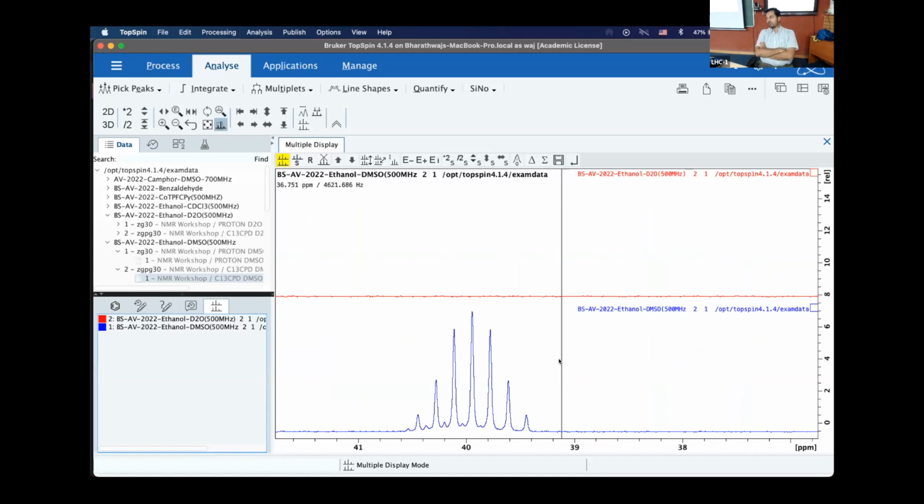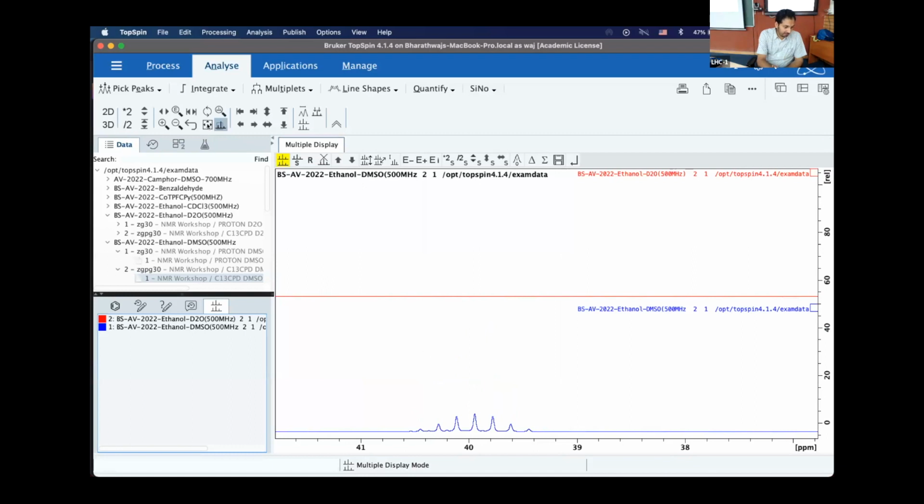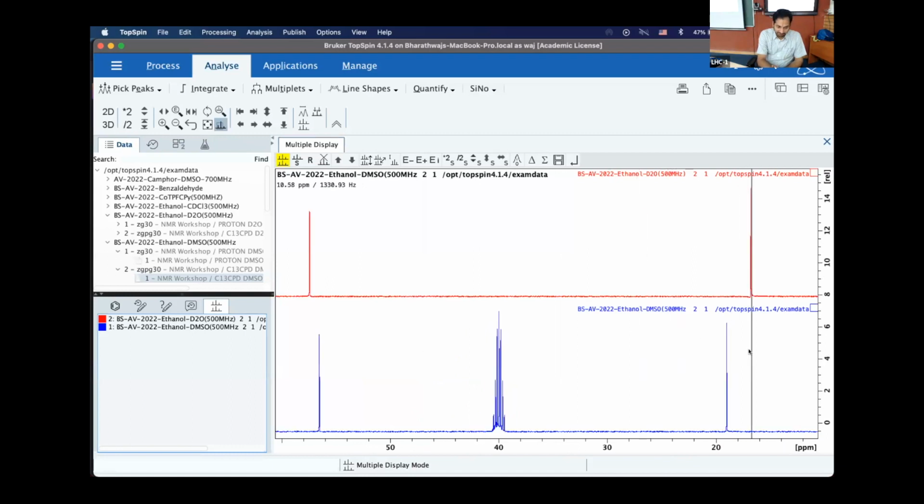Very good. The DMSO has carbon, and the DMSO D6 will have the deuterium splitting of the carbon. Go check how many deuteria you are looking at, and therefore why the coupling comes this way. Okay, so that is one aspect. But overall, the effect that you saw for the proton chemical shift change is also clearly visible here.